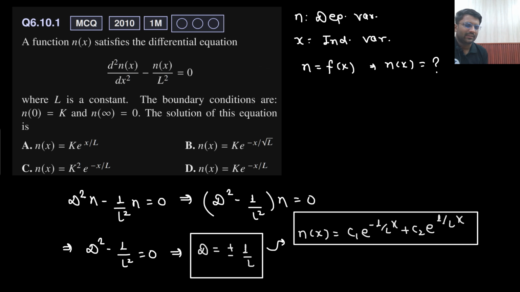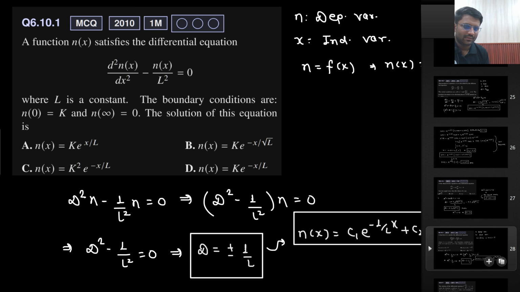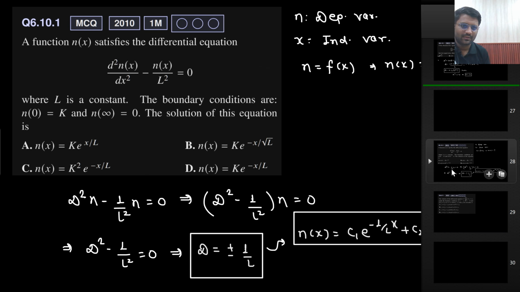Minus 1 by l and plus 1 by l. So the value of n of x is c1 e to the power minus x by l plus c2 e to the power plus x by l. This is what we are getting.